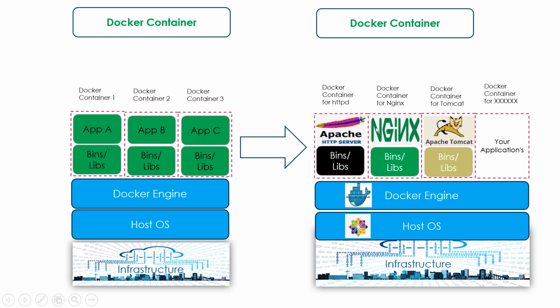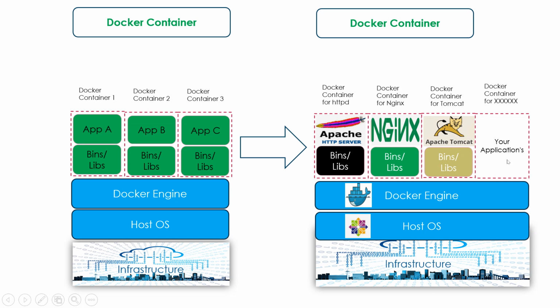Similarly, Nginx will have its own bins and libs, and that will be for Nginx, followed by Apache Tomcat, which will have its own, and that will be a Docker container for Tomcat. You can use that in a Docker container for your own applications, which will have their binaries and libs in terms of a container.